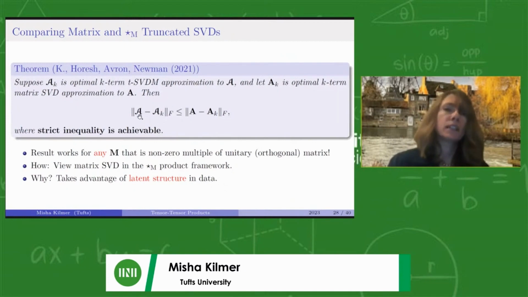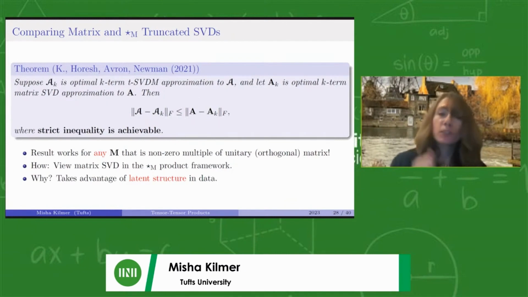Then the error between that K term approximation to the tensor A is less than or equal to the error between treating that exact same tensor A as a matrix, that was the unfolding in the cartoon I had on the last slide, computing the matrix-based SVD and taking the matrix-based truncation to K terms.